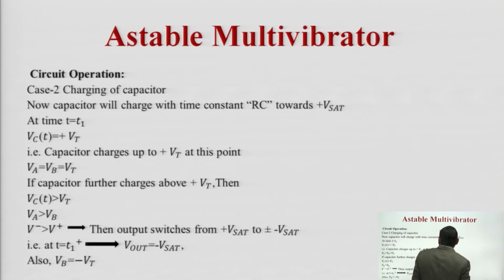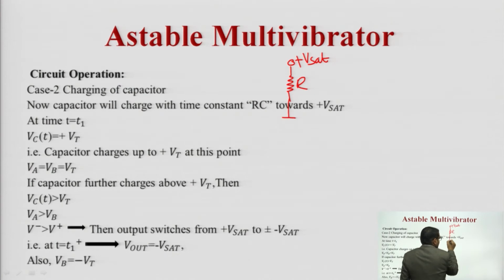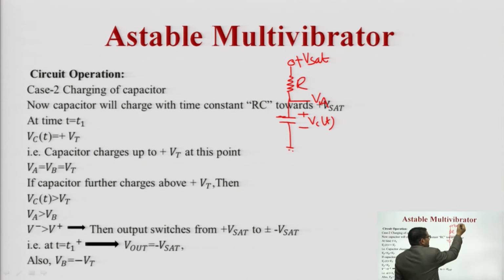Now, second, consider the charging of the capacitor. In the first case, we assume that V out equals plus V_sat. This is the plus V_sat, this is the R, this one is the C capacitor, and the voltage across it is V_C(t). Here is the V_A. Through this RC path the capacitor starts charging with the time constant equal to RC.